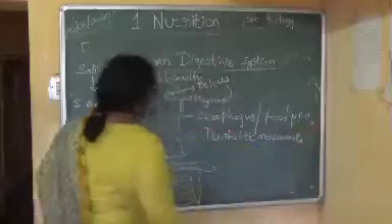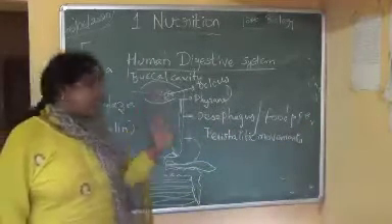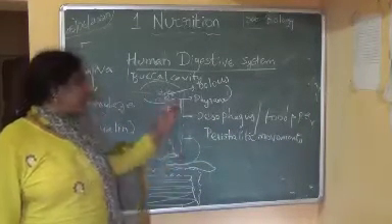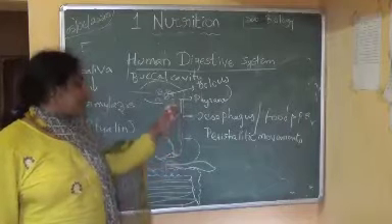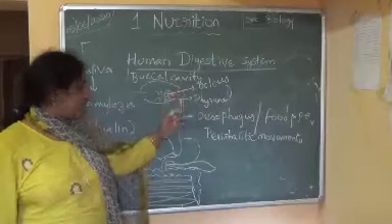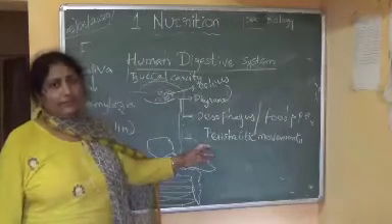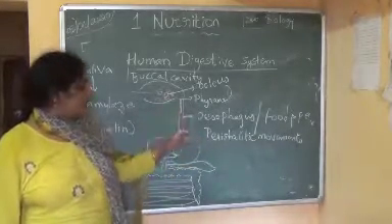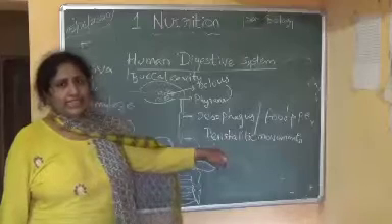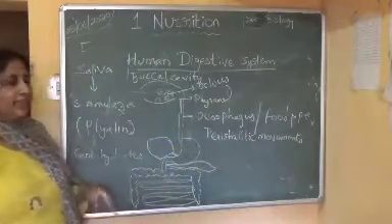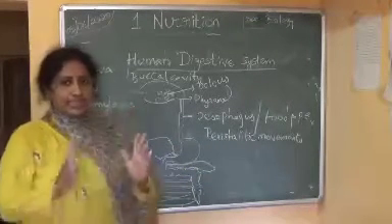What are peristaltic movements? The bolus enters the esophagus, and from the esophagus to the stomach, by peristaltic movement. What is peristaltic movement? Contraction and expansion.